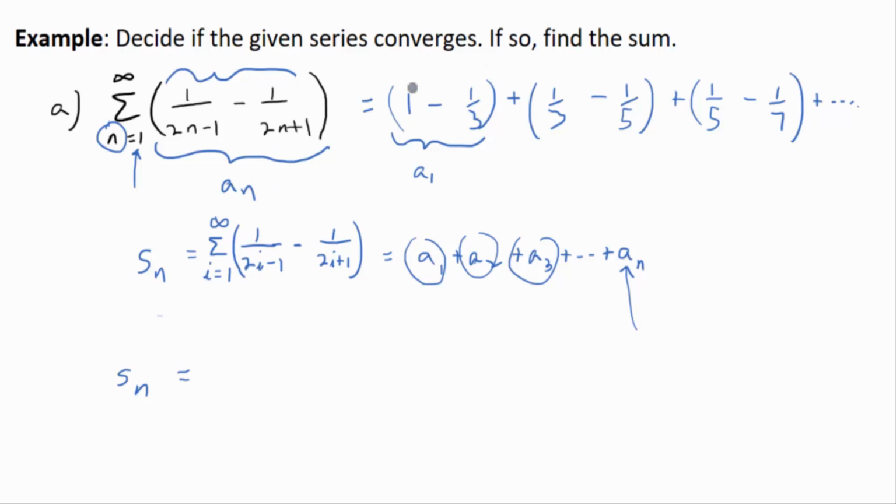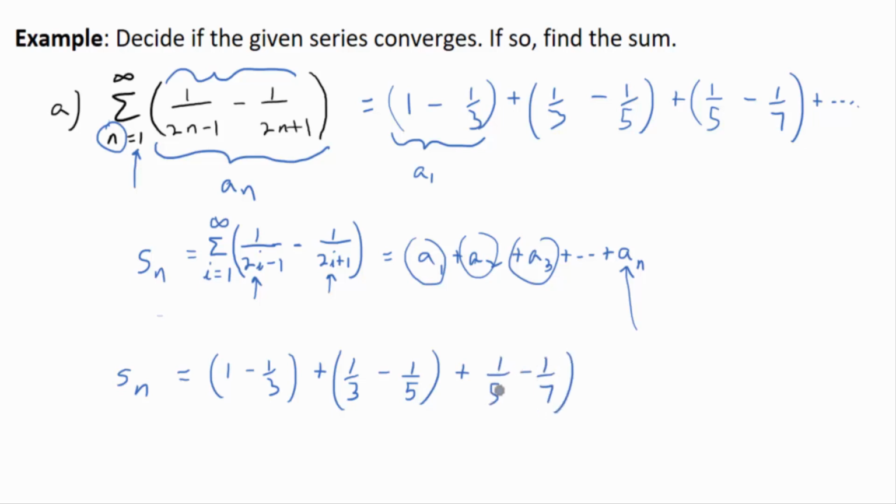The i is a dummy variable because if you write it out longhand, it disappears. If you plug in 1, you get the same thing we had up there: 1 minus 1/3. If you plug in 2, you have 1/3 minus 1/5. If you plug in 3, you have 1/5 minus 1/7.